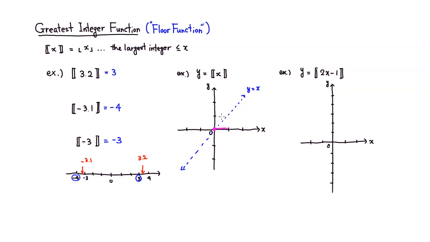But right when it hits 1, it becomes 1. So it's going to go up to 1. You have an open circle there, and then it goes up there. These are going to be 1.1, 1.2, 1.3, and so on. If you take the floor, it becomes just 1. So it's going to stay at 1, but right at hitting 2, it becomes 2.